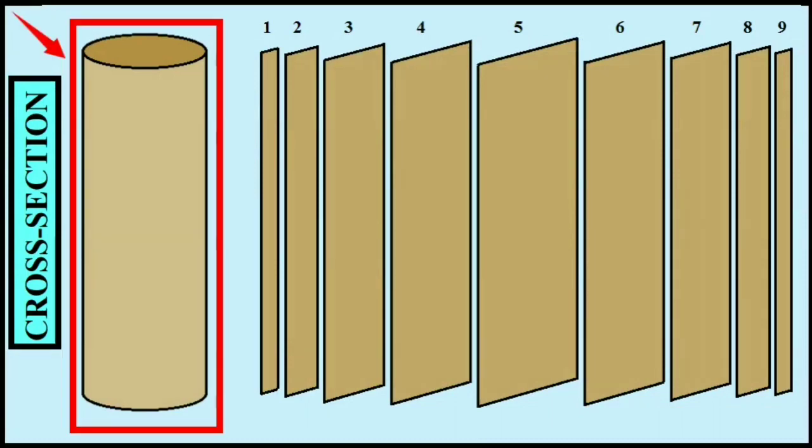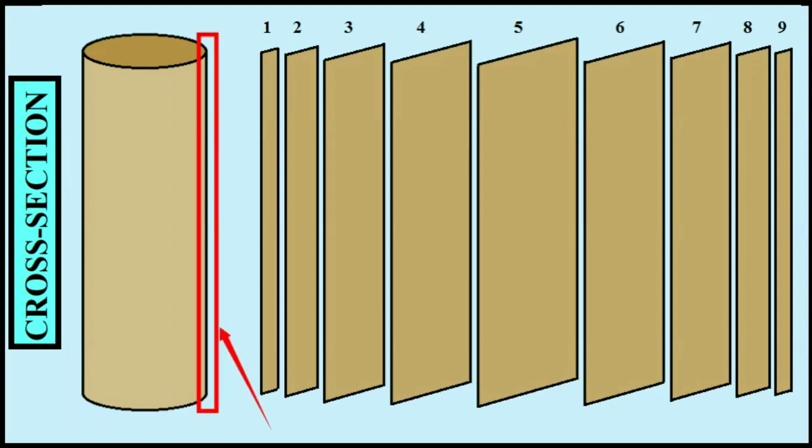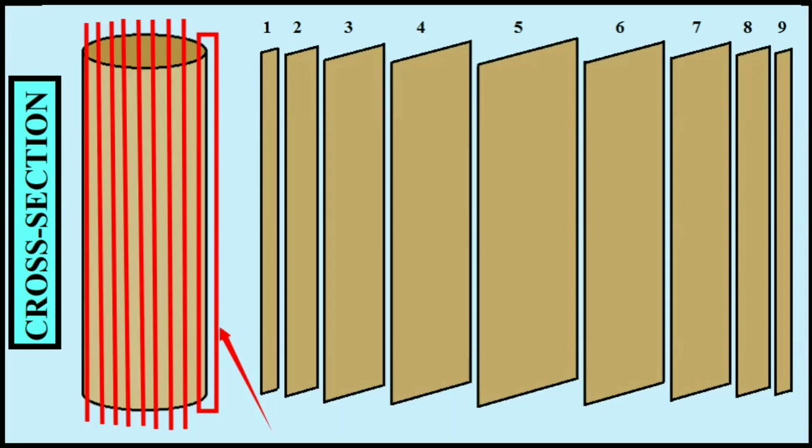To understand cross section, again I have taken an example of a solid cylinder but at different position. I consider this as cross section, and if we cut slices parallel to this length of the solid cylinder or perpendicular to the circular base, then the slices obtained are rectangular and are shown here at the right hand side and marked 1, 2, 3, 4 and so on.